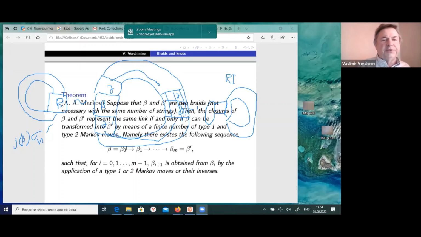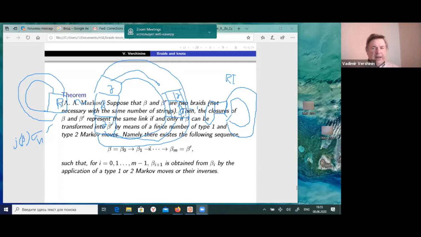So it's possible that each arrow either makes it bigger, so the number of strands here may be n+1 if you apply the direct Markov move, or it may be n-1 if you have the opposite of the second Markov move.